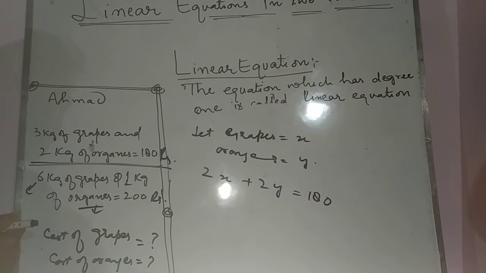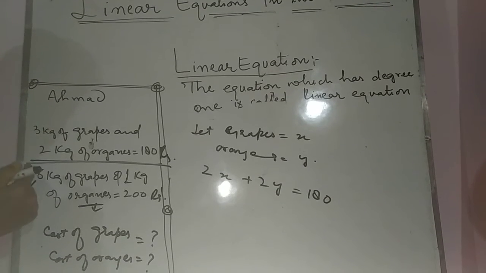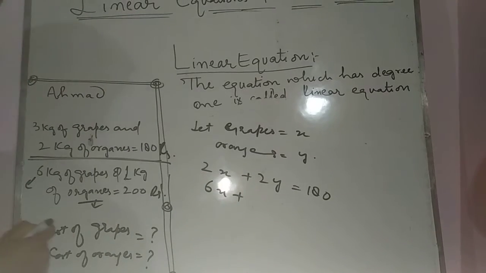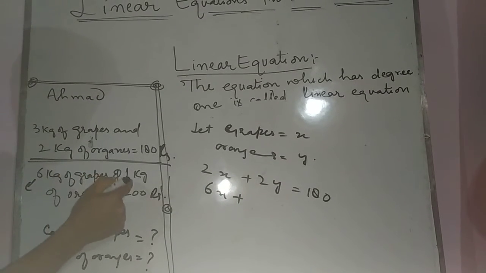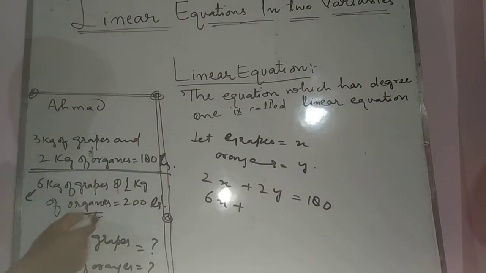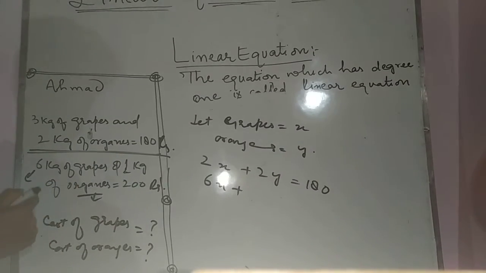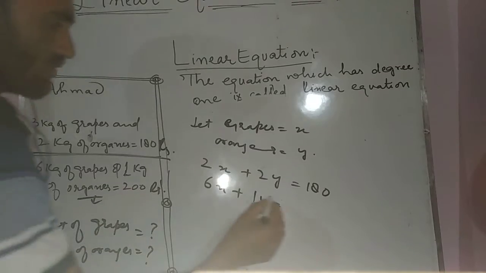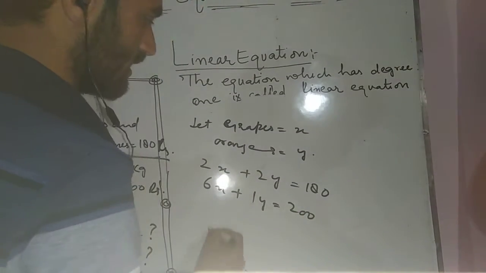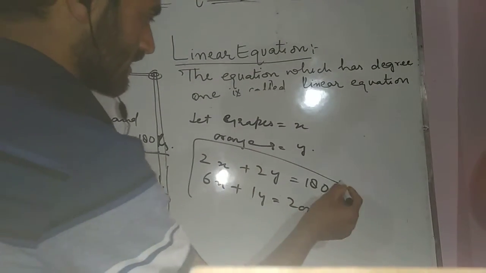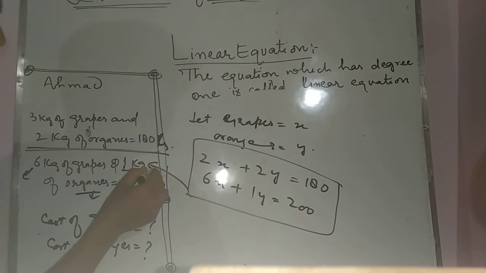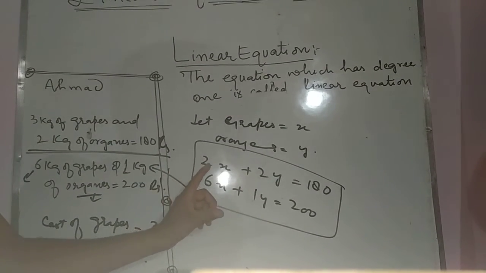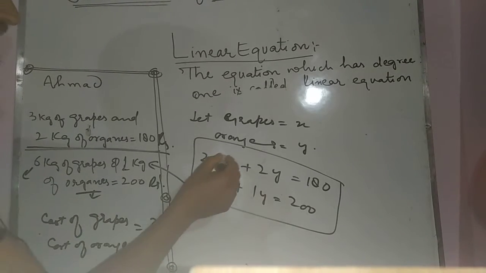One more situation, after 1 month, he goes again to bazaar, he gets 6 kg of the grapes, that is 6 into x plus, and by 'and' you mean the plus in mathematics, 1 kg of the oranges, that is 1y, is equal to 200 rupees only, that is 200. These two equations, I have just formed them. The situation is converted into mathematical equations, and these two equations are linear equations because the degree is 1 here.